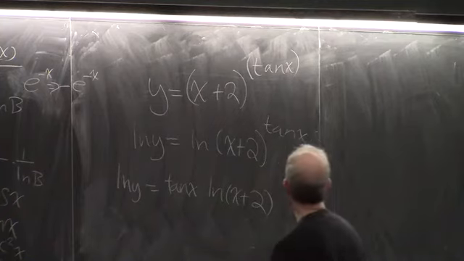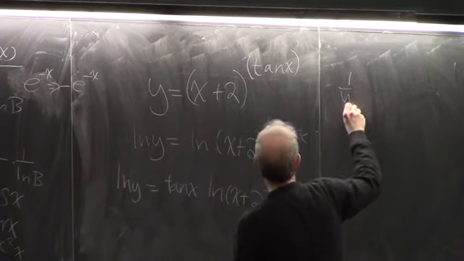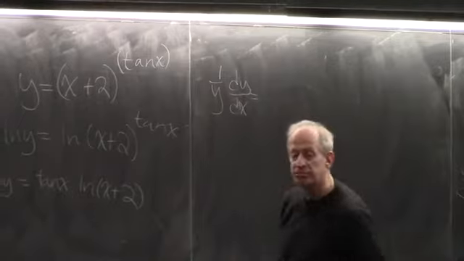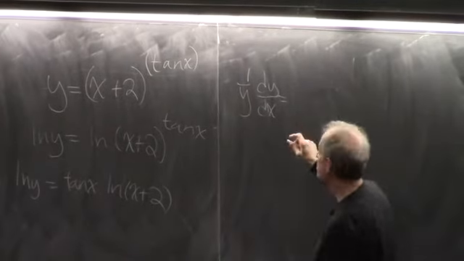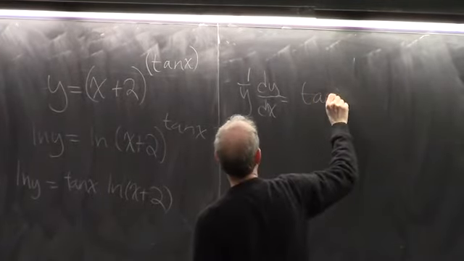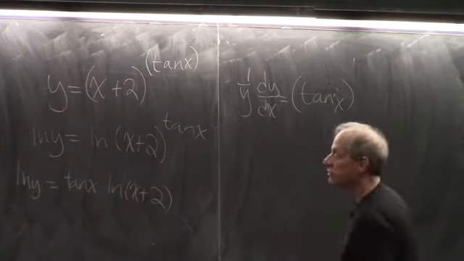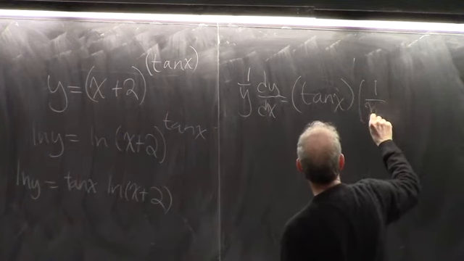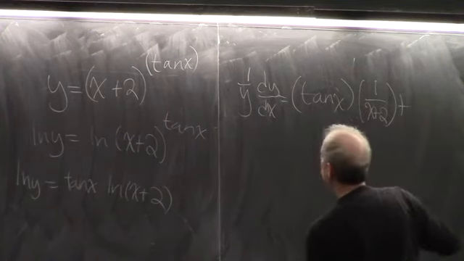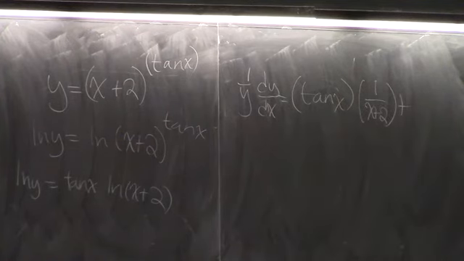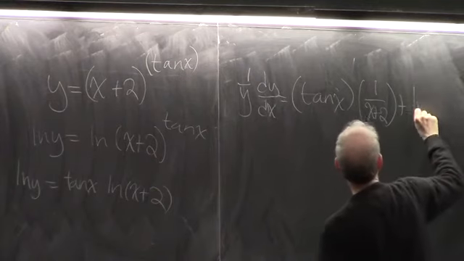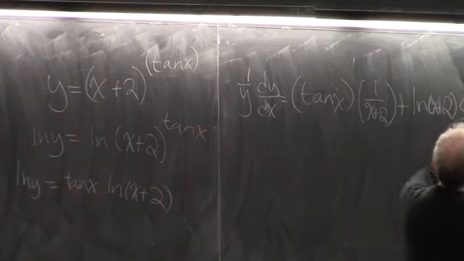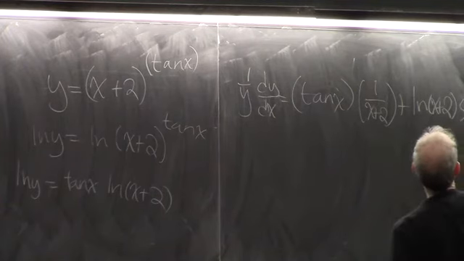Alright, so you want to take the derivative of this. You get 1 over y, dy/dx, equals, now you need the product rule. So it's tangent of x times the derivative of the log of x plus 2, which is 1 over x plus 2, plus ln of x plus 2, log of x plus 2, times the derivative of tangent, which is secant squared x.